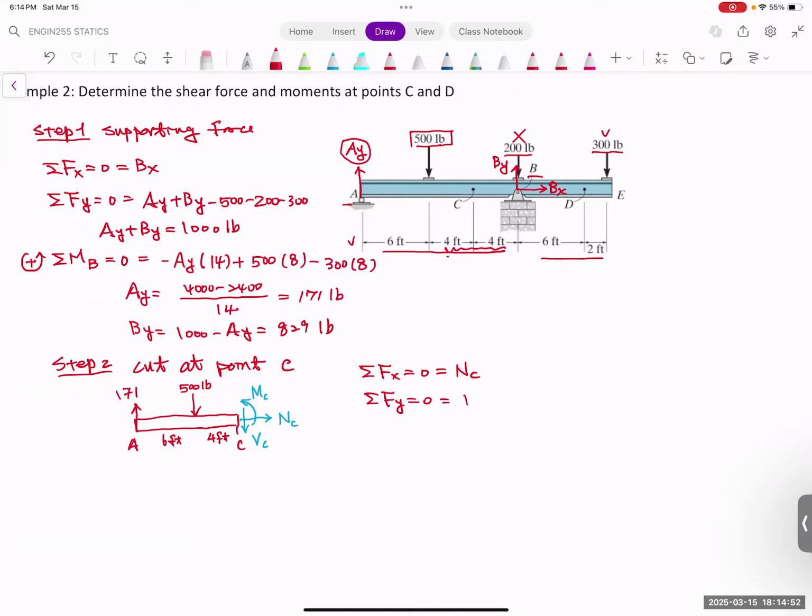One is 171 going up, 500 going down, V sub C going down, and that's equal to 0. So V sub C is going to be equal to 500 minus 171, and that is going to be 329 pounds.